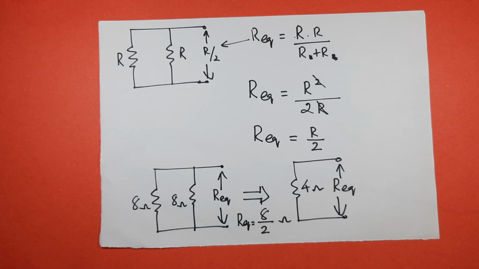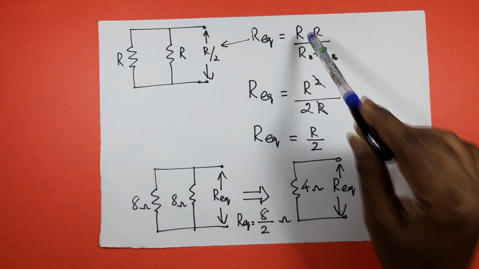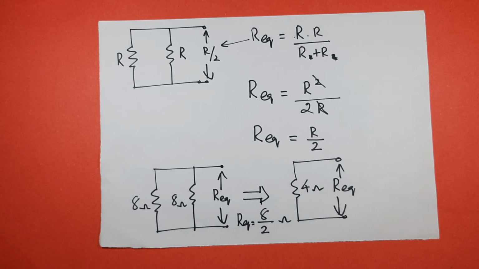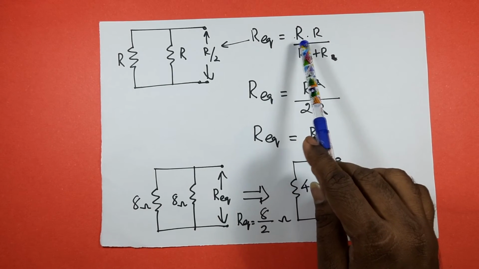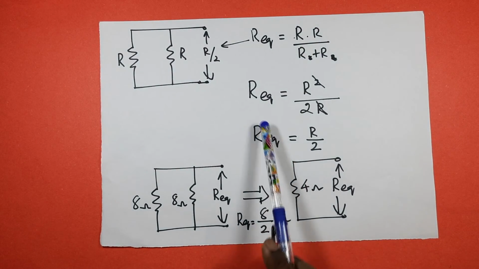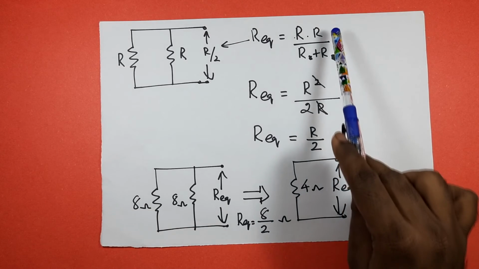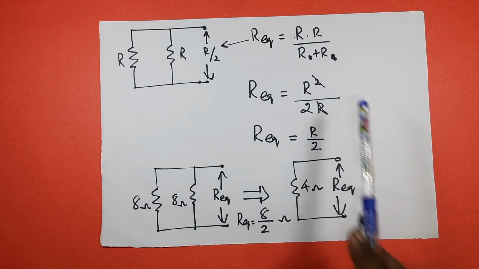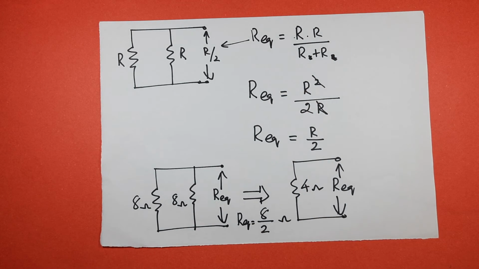R equivalent equal to, using the formula I just told, R1 R2 divided by R1 plus R2. Here both R1 and R2 are R. So we can write R into R divided by R plus R. R equivalent equal to numerator R square, denominator 2R.